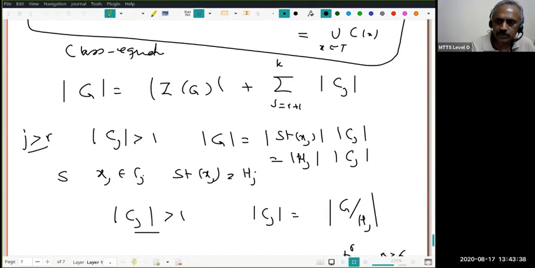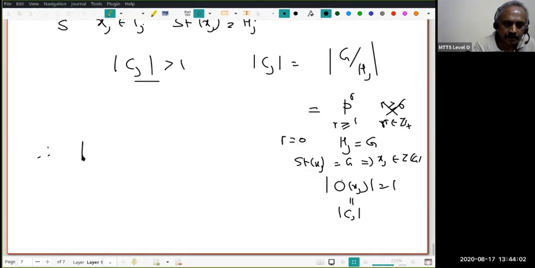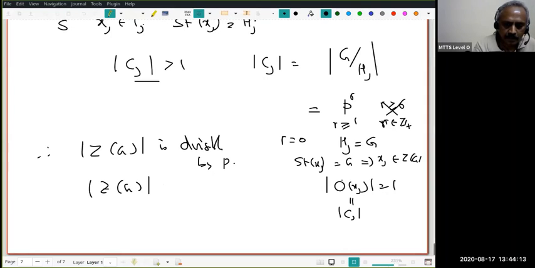So what have I shown now? I have shown that P divides the left side, mod G. P divides each of the summands. Therefore, mod Z(G) equals mod G minus this sum, and this sum is also divisible by P. Therefore, mod Z(G) is divisible by P. Therefore, mod ZG has at least p elements.